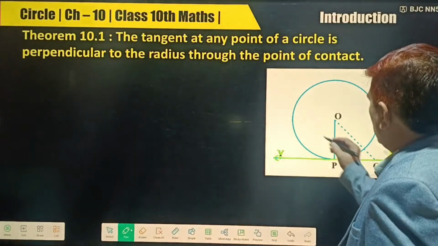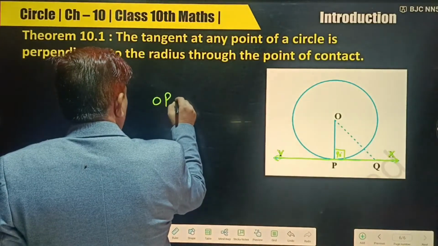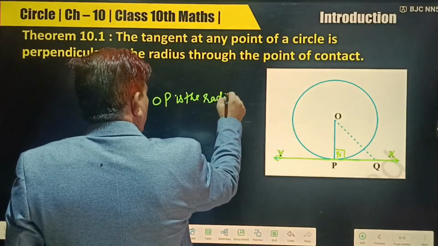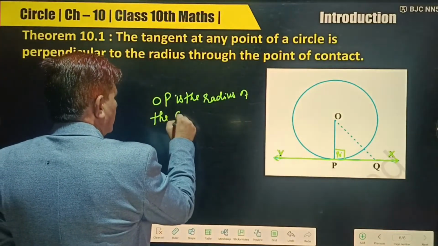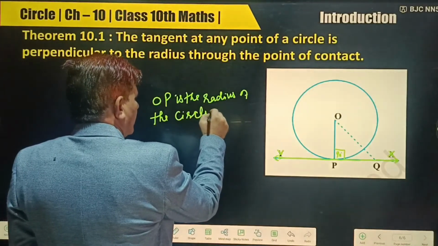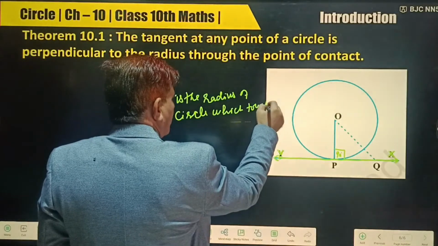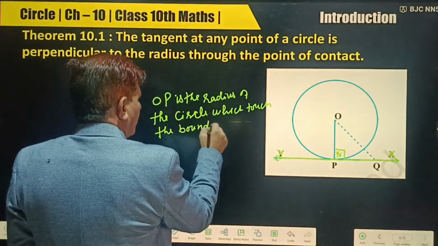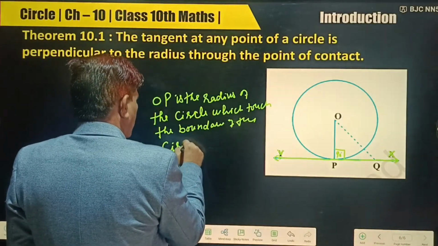So take OP. OP is the radius of the circle, which touches the boundary of the circle.